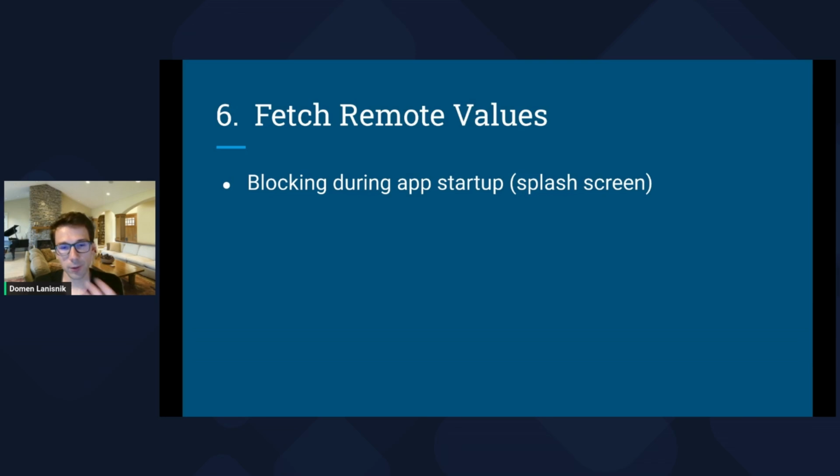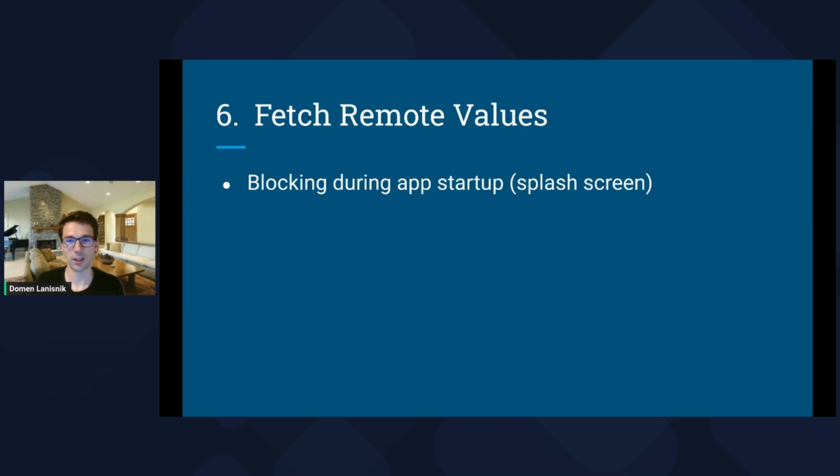So there are a few options that you can use. One is to fetch the values in a blocking way during app startup. It means that when you open the app and maybe you're showing a splash screen or something, you can fetch the latest values from Firebase in the background.